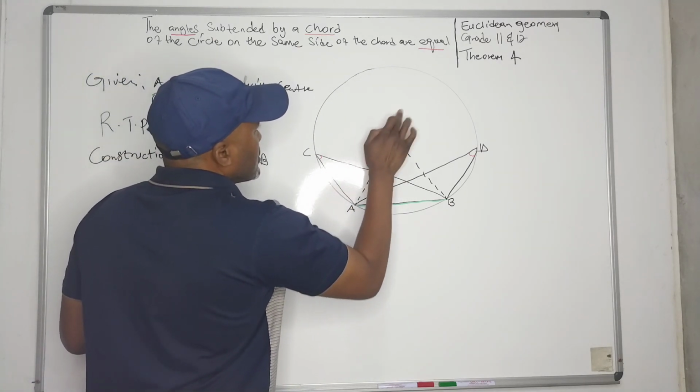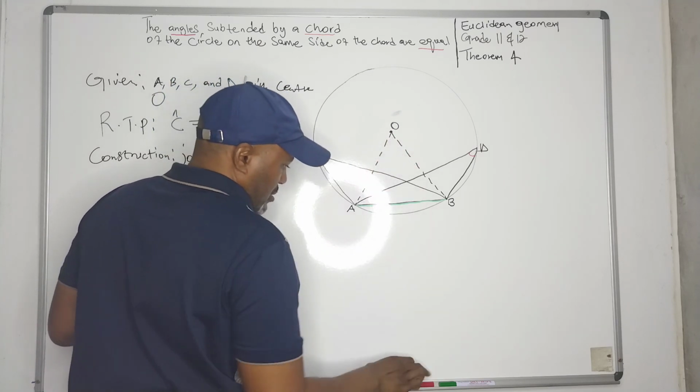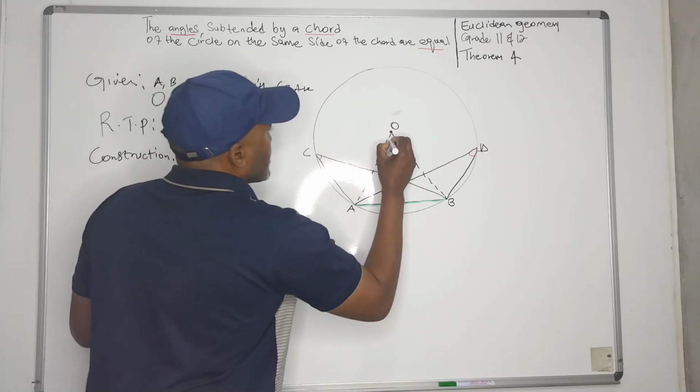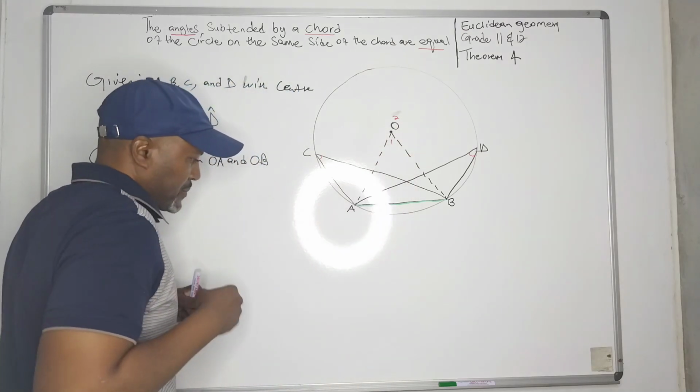Let me do this so that everyone will be able to see. I can say O1 and O2, right?